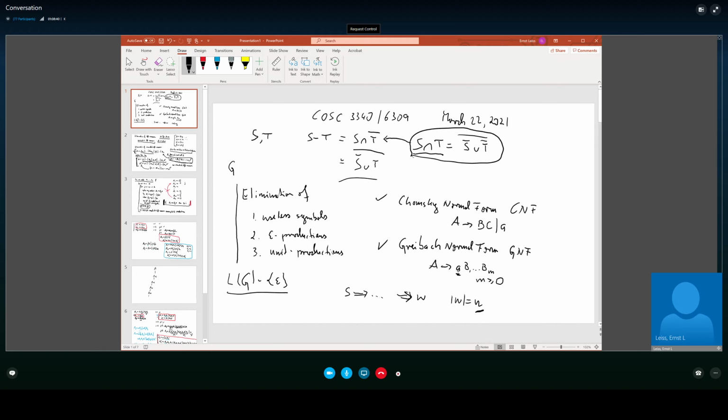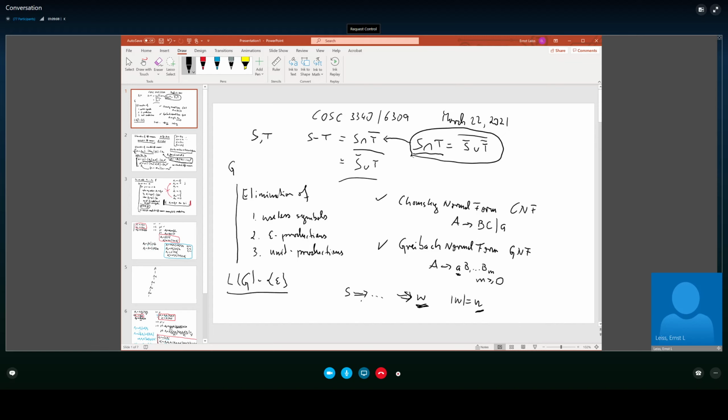And so if your word w, which of course by our convention is over the terminals only, has n terminals, and in each derivation step you're going to generate a single terminal, you need exactly n derivation steps in order to get that entire word of length n.